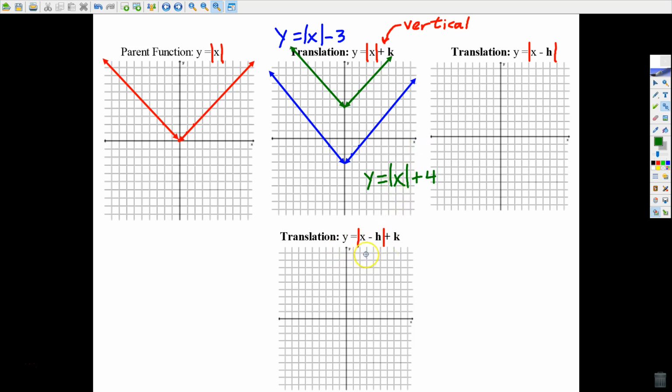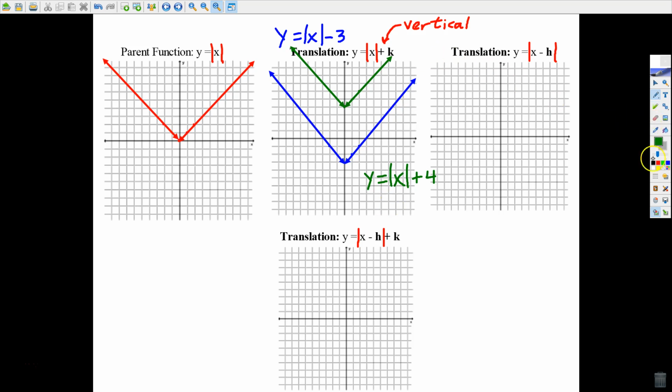Okay, questions so far? All right, let's jump over here, and you notice that now I've got this variable h that stands for a number, and it's inside the absolute value. Outside, adding or subtracting always indicates vertical movement. Inside the absolute value always indicates horizontal movement. But you got to really be careful. Horizontal can be tricky.